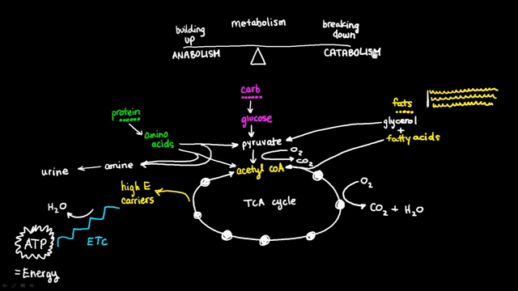But what about the building up reactions? Well, the amino acids that come from the protein in our diet can be used to make things like muscle and other lean tissue in our bodies. They can be used for repair. They can be used as protein carriers in our blood.